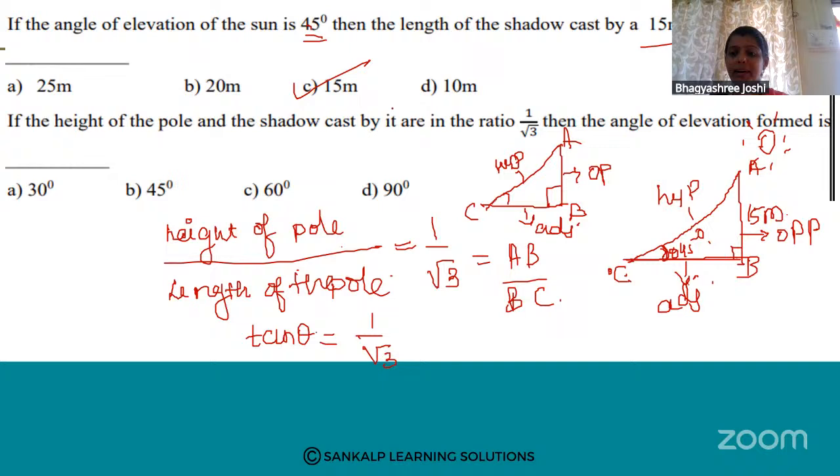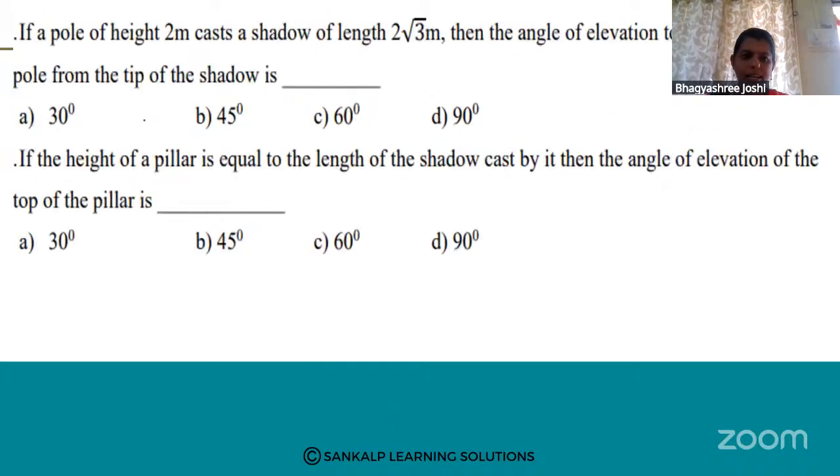So at which value of theta is tan theta 1 divided by root 3? That is 30 degrees. So tan 30 degrees is 1 divided by root 3. Therefore theta, the angle of elevation, is 30 degree. Understood? Okay. Next question.